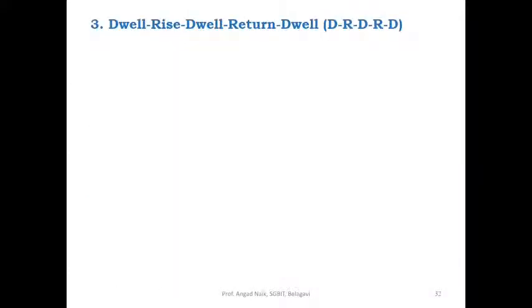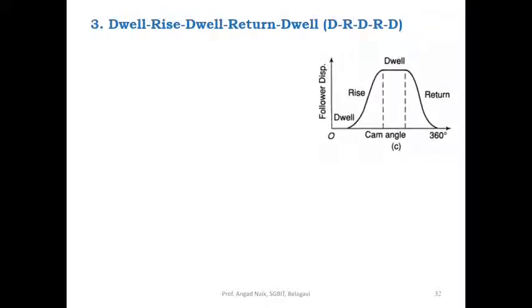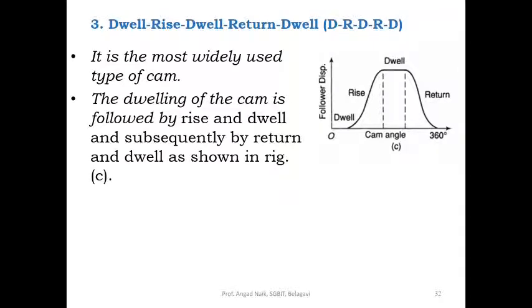Next one is dwell, rise, dwell, return, dwell. So there is dwell, rise, dwell, return, and then again there is dwell. It is the most widely used type of cam. Dwelling of the cam is followed by rise and dwell.